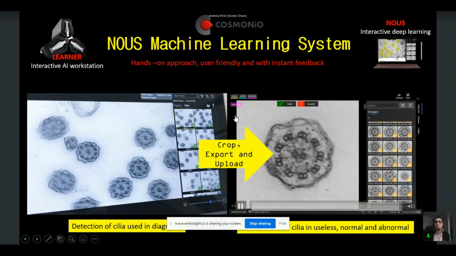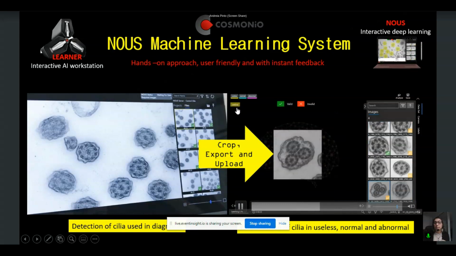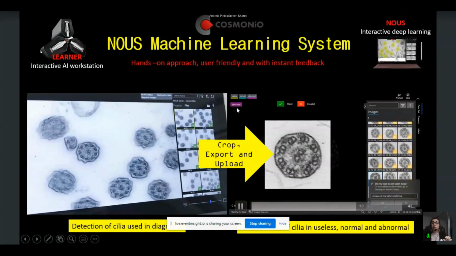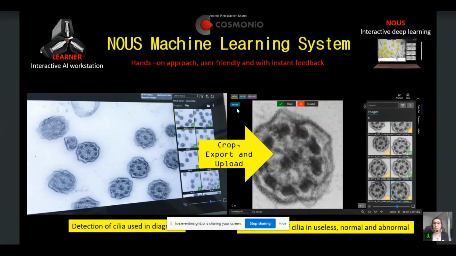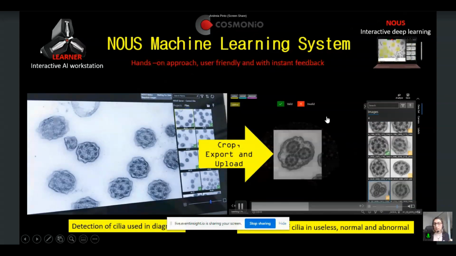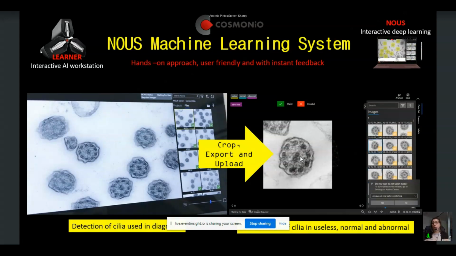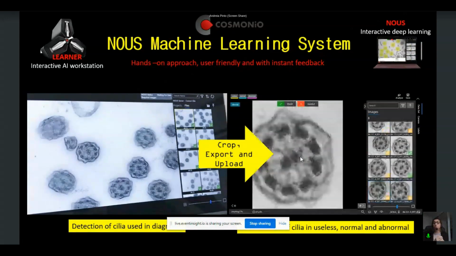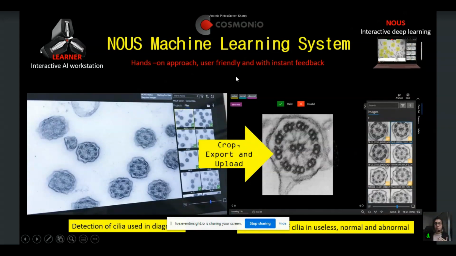In the upper left corner of this clip, you will see some stickers, pink, blue, and yellow. Yellow is useless cilia, pink is abnormal cilia, and blue is normal cilia. And what we see here is our stream of training, basically. This is what we did to train our system using all these images.